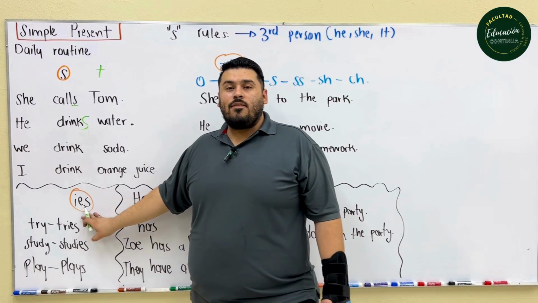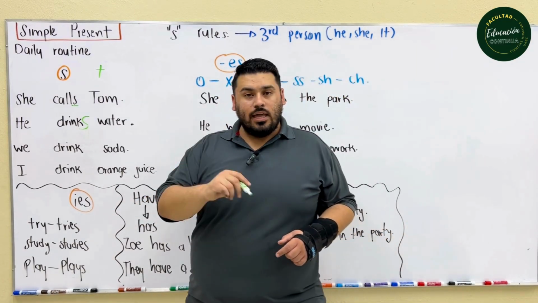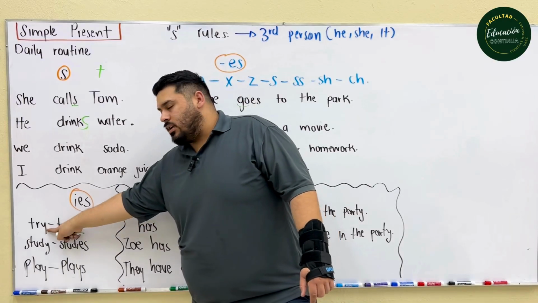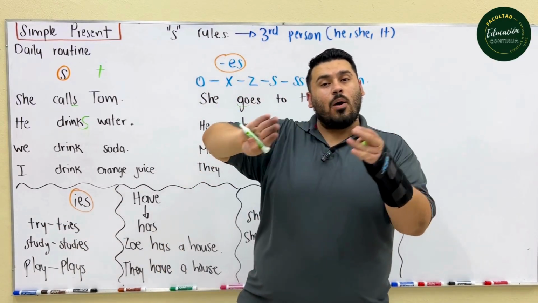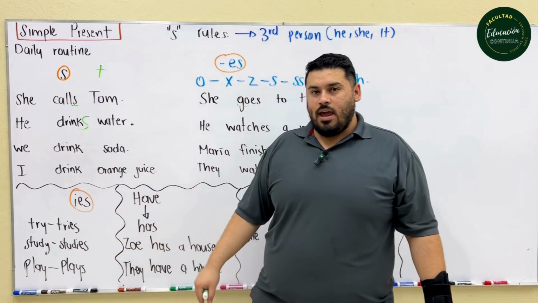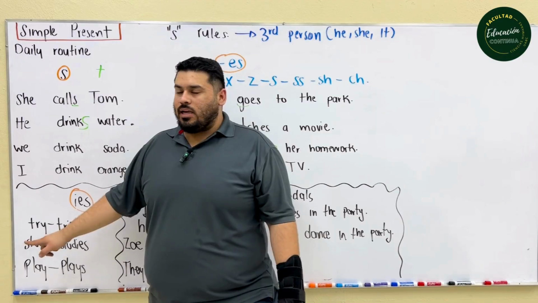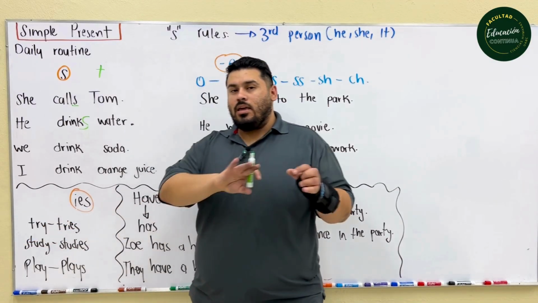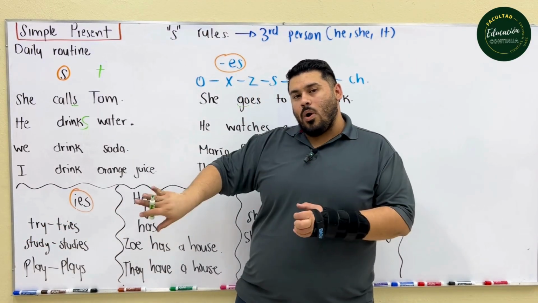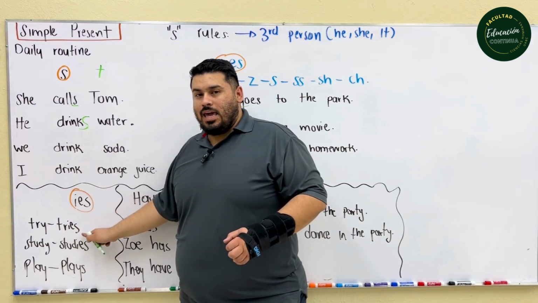If you have a verb that ends with the letter Y, you have to take it away and write IES. For example, try ends with Y, so you erase the letter Y and write IES.